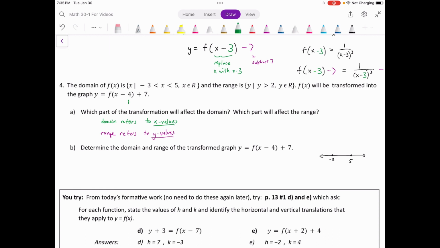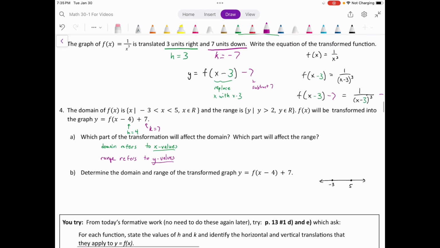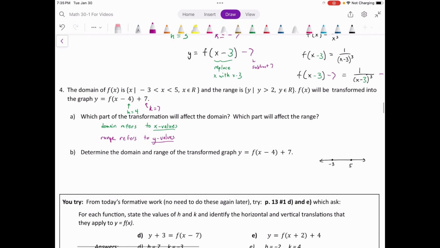Looks like h is 4, right? And k is positive 7. Because again, just comparing to f of x minus h plus k, 4 is in h's spot, 7 is in k's spot.